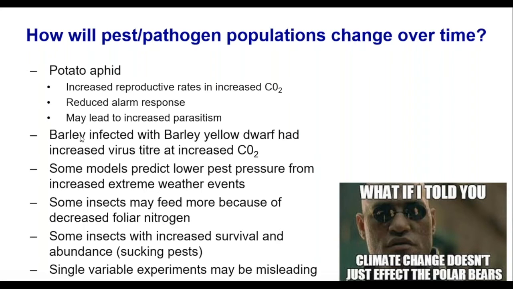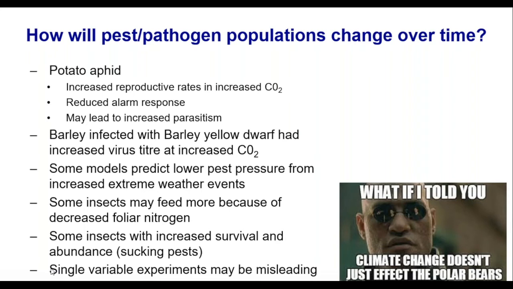What we have to keep in mind is what I alluded to up here, is most of the experimentation that has been done is around a single variable. They're just increasing CO2, or maybe a small number of variables, and it's really hard to then extrapolate that into a real-world situation.